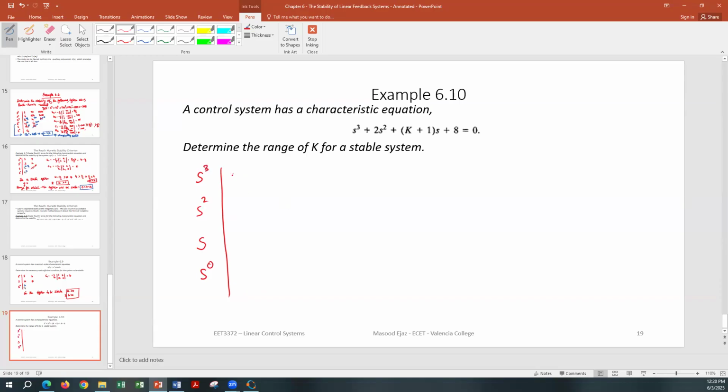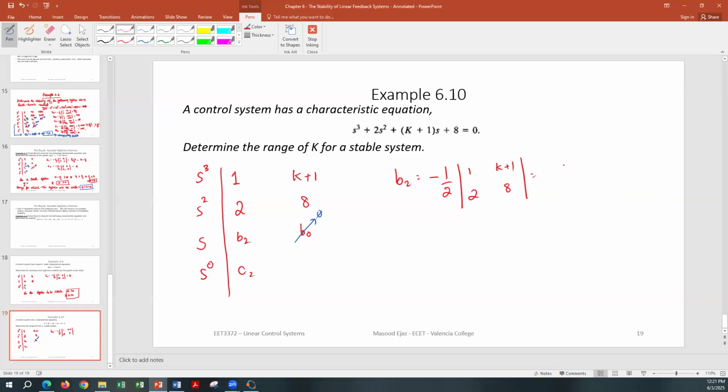Let's keep 1, k plus 1, 2, and 8. Then we have b2, b0 will be 0, and c2. This is going to be 0 because you don't have any column here. So b2 will be equal to negative 1 over 2 times the determinant of 1, 2, k plus 1, and 8.